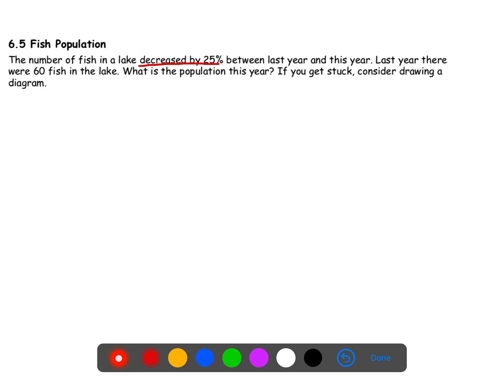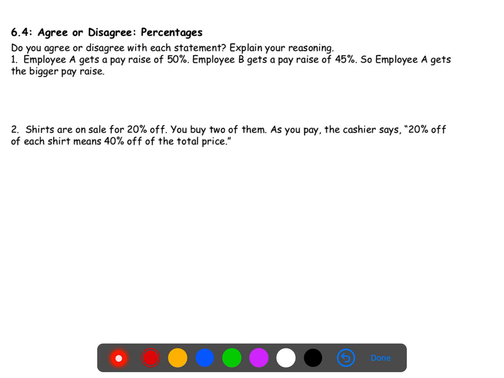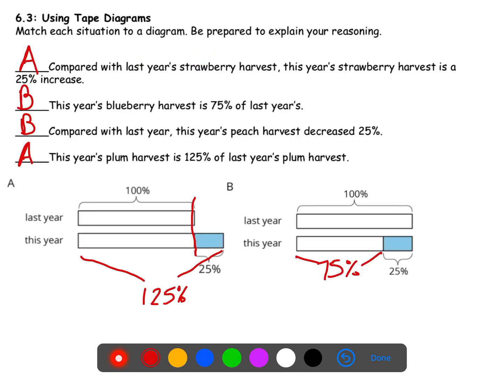But since we're talking about a decrease of 25%, one of our diagrams from the last problem would fit that. That's going to be right here, diagram B. So last year was 100%. Remember it said that was 60 fish last year. Then it decreased 25%, so only 75% of those fish are now here.